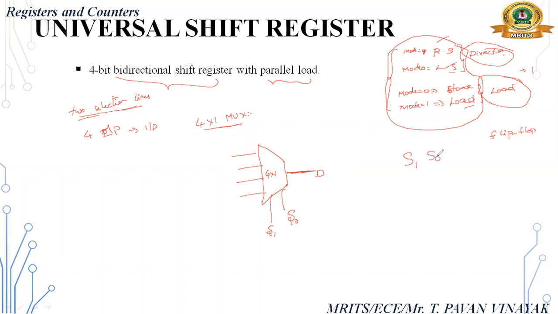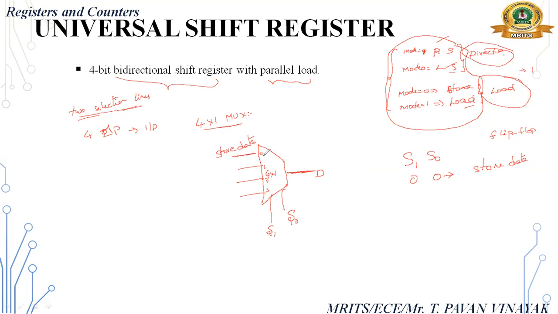S1, S0: 0, 0 means I am taking store data. These are I0, I1, I2, I3, right? So I0 I am taking as store data.